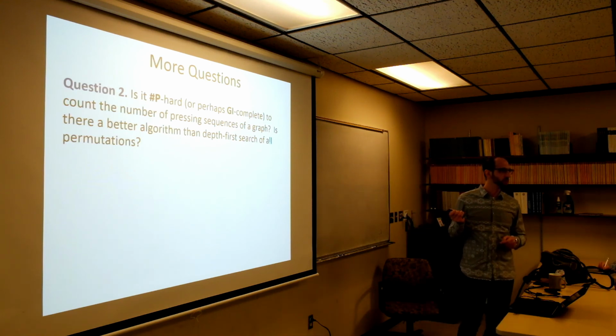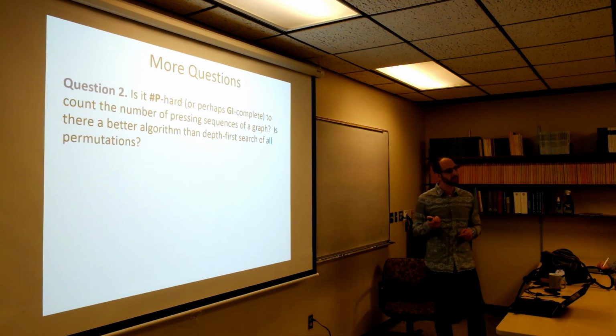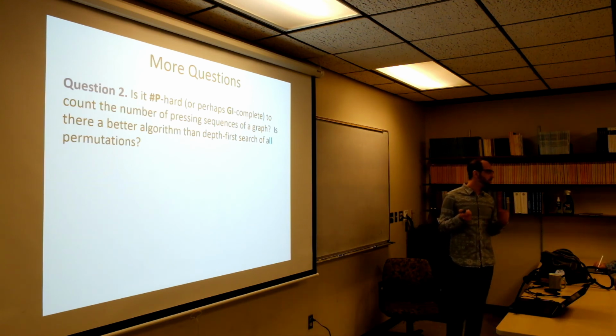If you're not familiar with #P, these are the problems that count the number of successful paths in a polynomial-time machine. So it's the number of 2-SAT solutions, or the number of 3-SAT solutions. There are some surprising examples of #P hard problems, like counting the number of matchings.